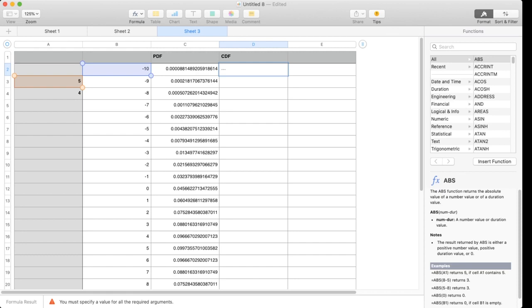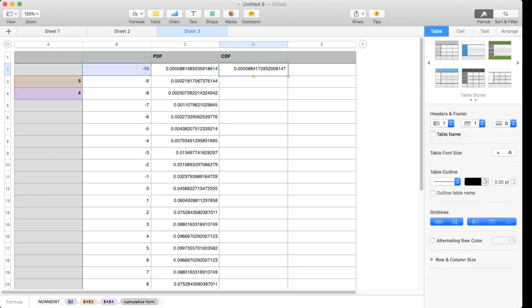The standard deviation is going to be this, with a dollar sign before 4 and before A. And for the form type, I need to use the cumulative form, and then I press enter.